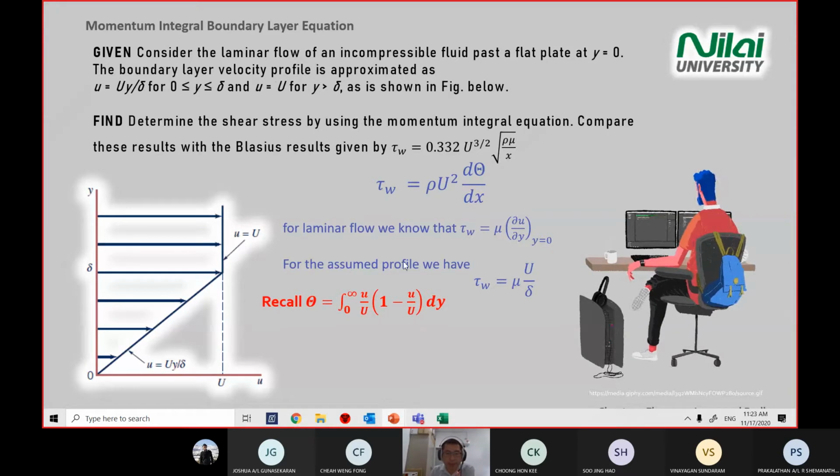With all this, we put all these equations inside here. We modify a bit because we want to find this station from here to here. So we integrate from 0 to our boundary layer thickness delta: u divided by U, times 1 minus u divided by capital U, dy.